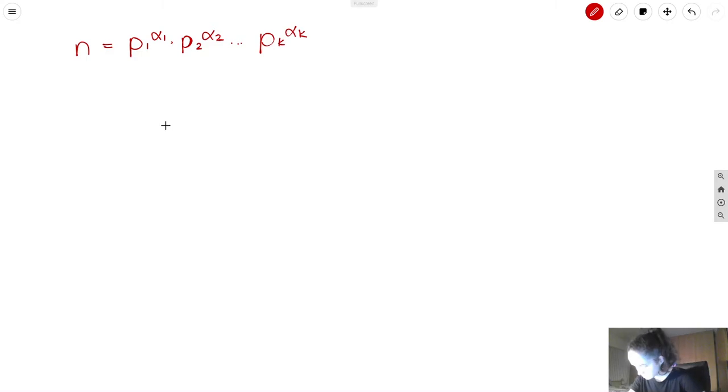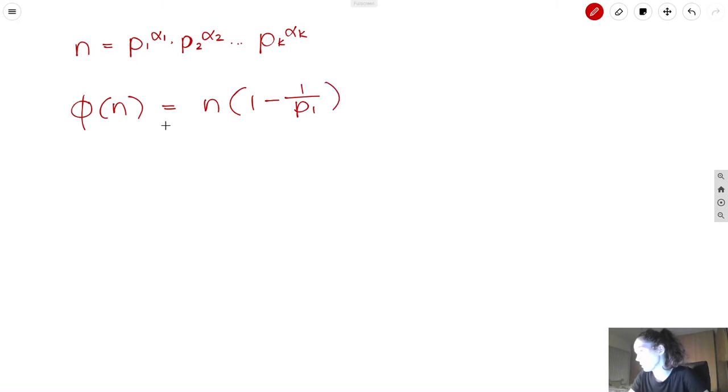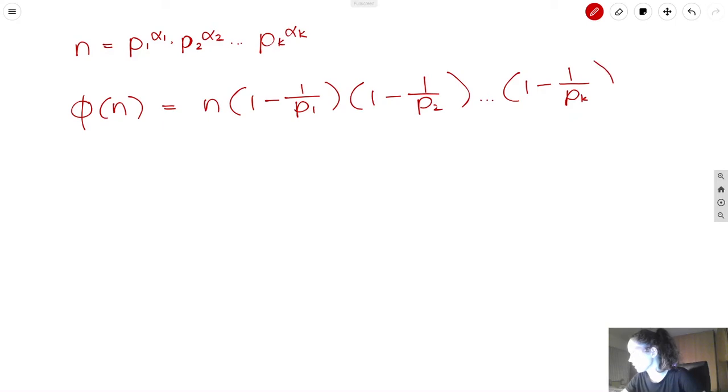Then we can say that phi of n will equal n times (1 minus 1 over p1), times (1 minus 1 over p2), up to (1 minus 1 over pk). Notice that we don't even include the exponents in this formula. All you need to know are the prime factors of n, and then you can work out this formula.